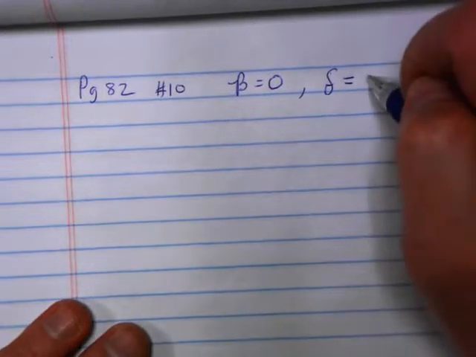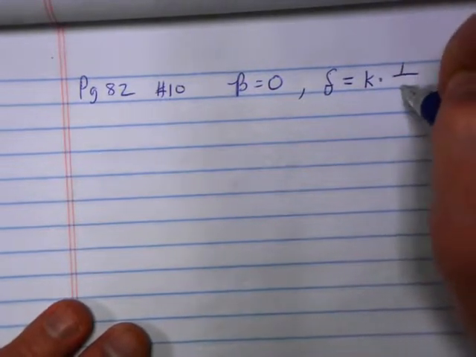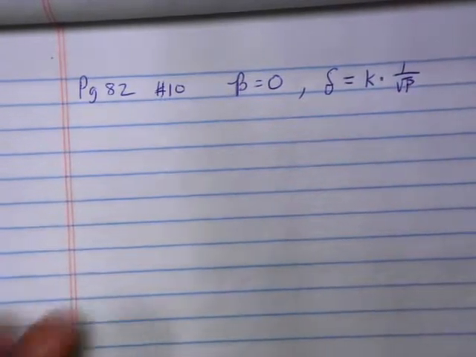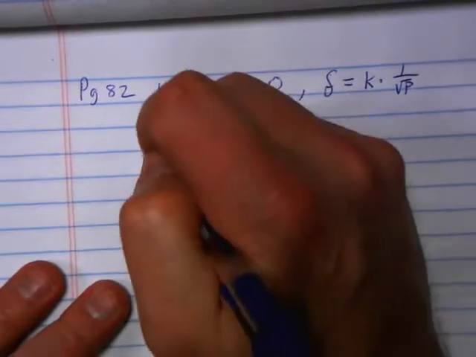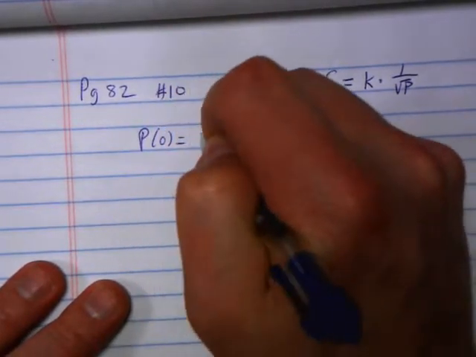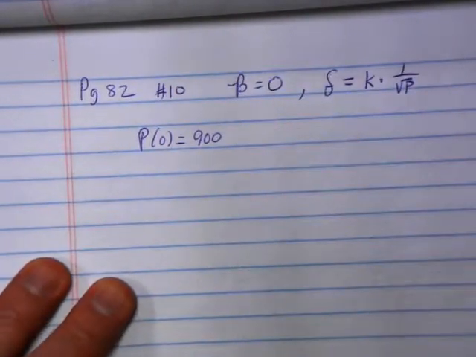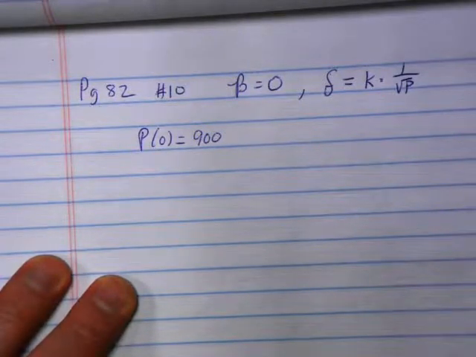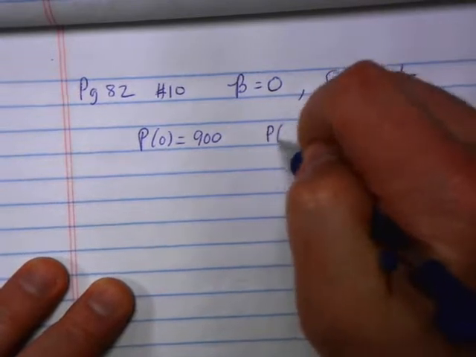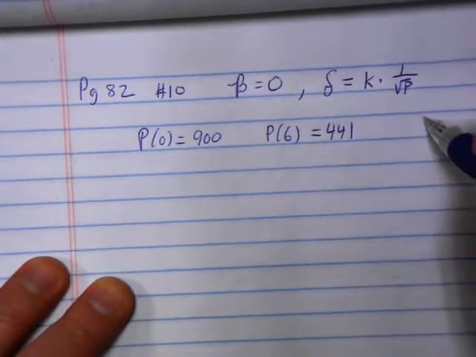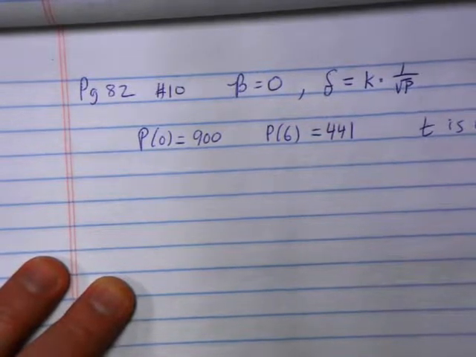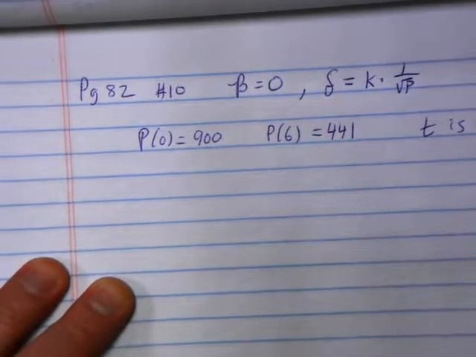K times 1 over square root of p. It further went on to say that the initial population was 900 fish, and there were 441 left in 6 weeks. P at 6 weeks. T is in weeks for this problem.